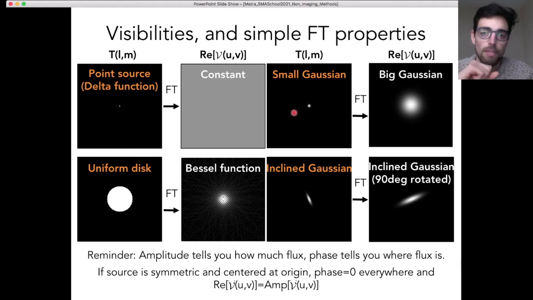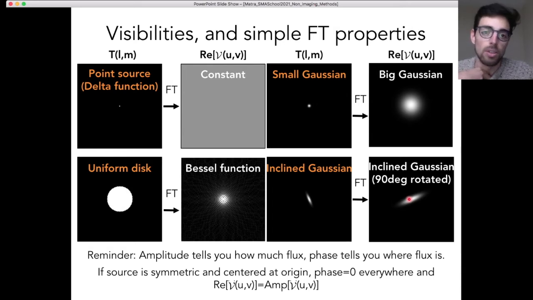Okay. If you have a small Gaussian, so a compact but say resolved source, it will become a big Gaussian in the real part of the visibility function. If this Gaussian is inclined, so imagine you have an elongated Gaussian, that will also correspond to an elongated Gaussian in visibility space, but it will be 90 degrees rotated.